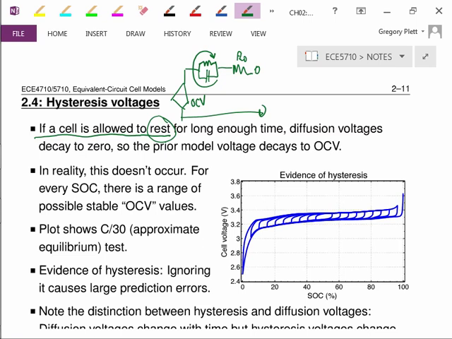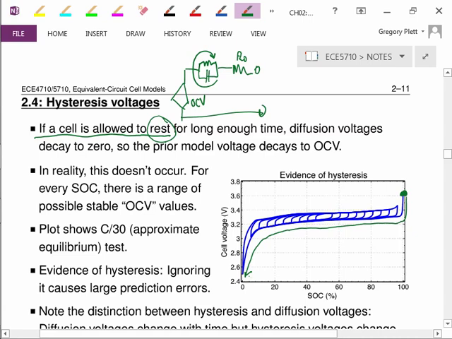What this picture shows is a cell in a lab test. This is actual lab test data where we have started the test with the cell fully charged, in this case to 3.6 volts. And we have slowly discharged this cell along this line down to 2.5 volts, which corresponds to the 0% state of charge point.